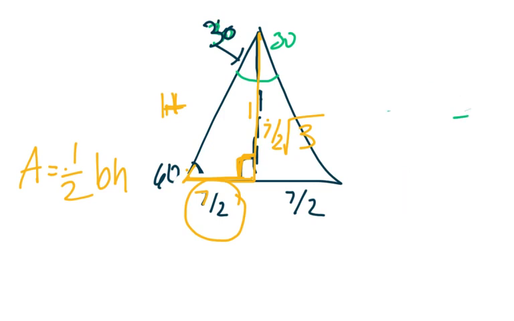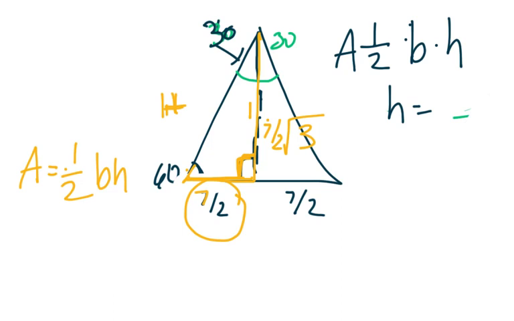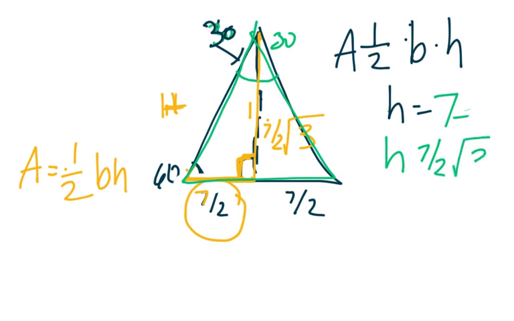So let's break it down right here. We know that area equals 1/2 times base times height. Our base, remember, is the whole thing, because we're trying to find our whole triangle, and it is going to be 7. Our height is now 7 over 2 square root of 3.